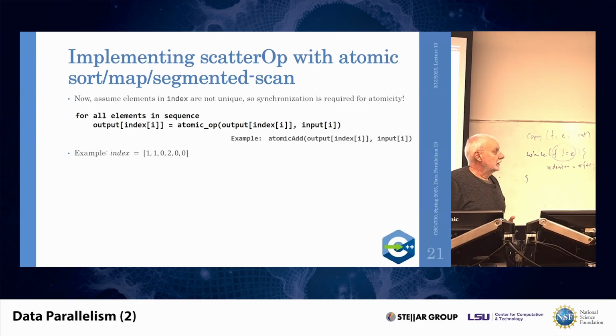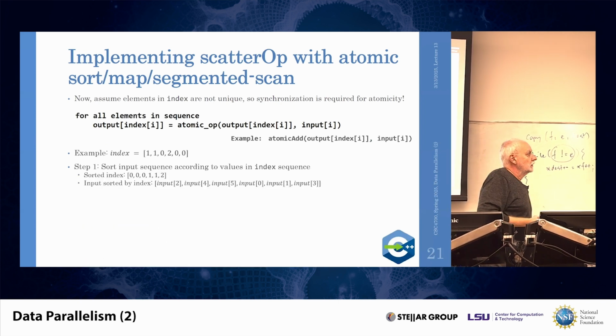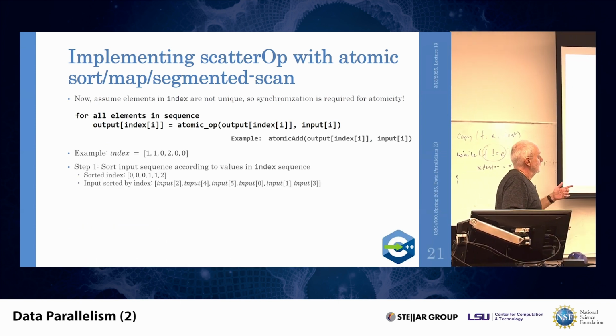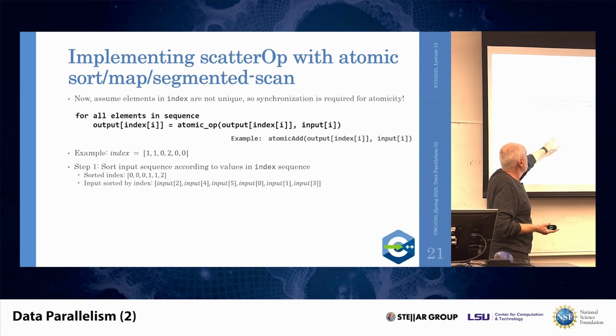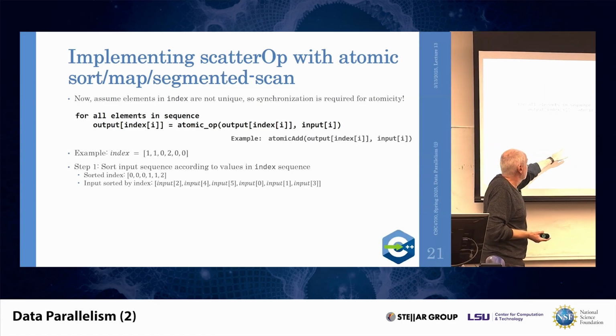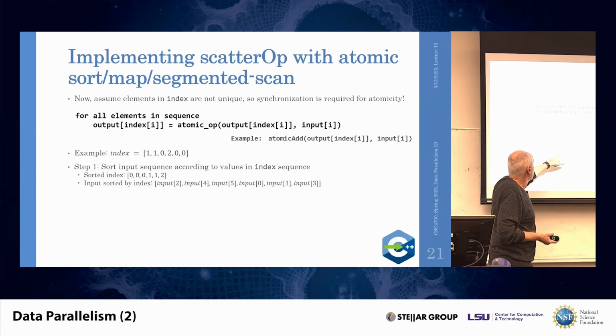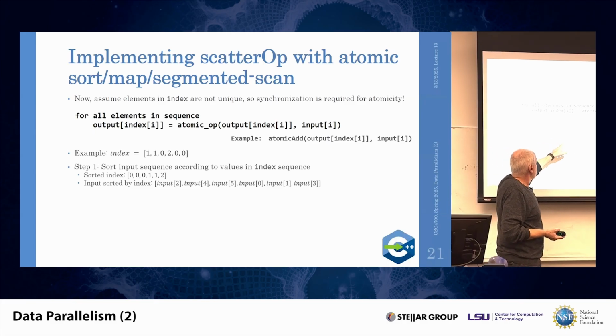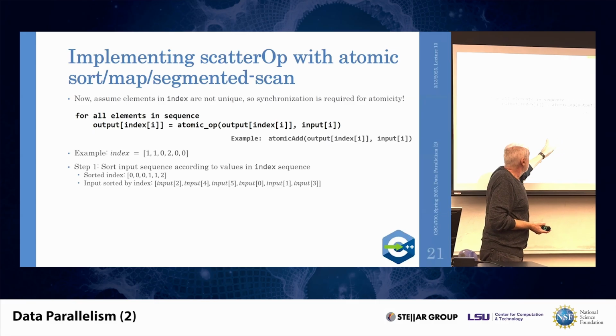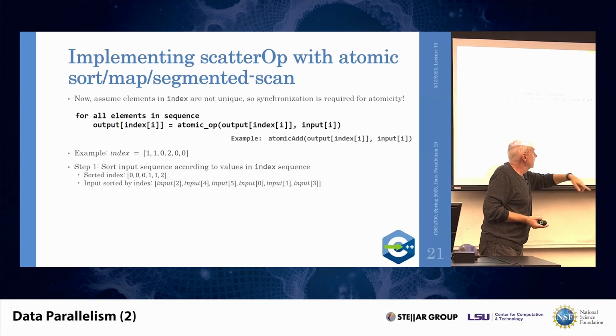What I can do is sort the sequence of the indices according to the values in the index sequence. So again, I do a zip sort over the indices and the inputs, which reorders the input, obviously, so that I get the 3 index 0 first, then I get index 1, 2, 3.